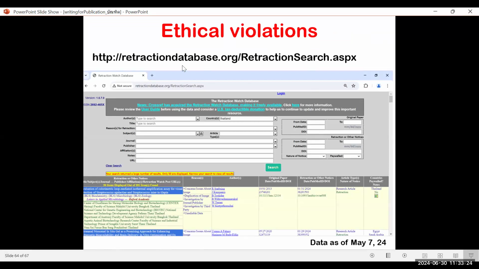I searched this database and input a country, Thailand, with data as of May 7. Because I searched with Thailand, it will show a list of authors and the reason why those journals were retracted. It comes with the names and affiliations over here.